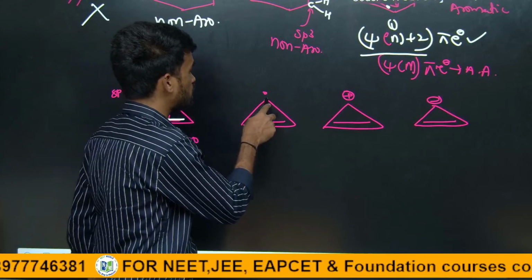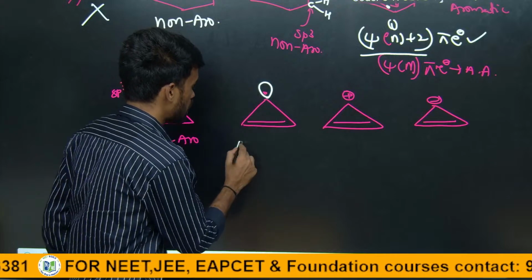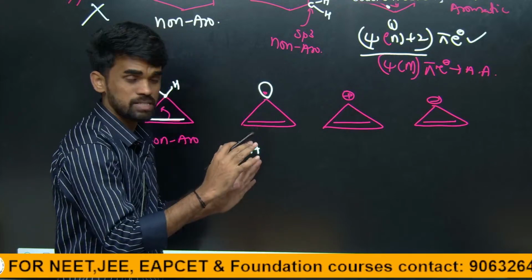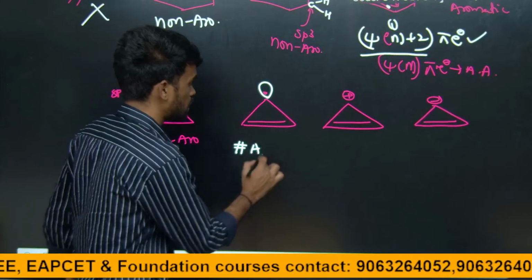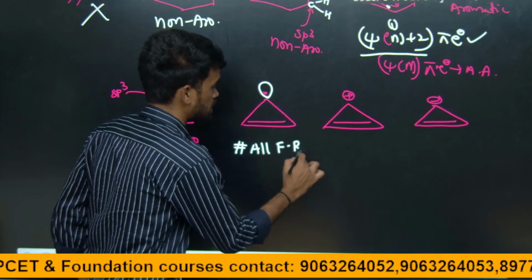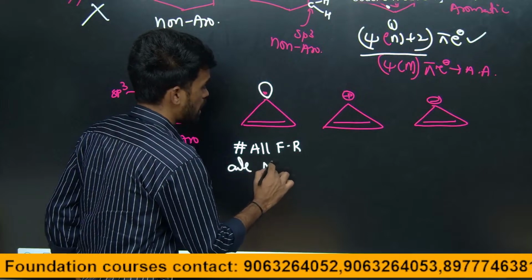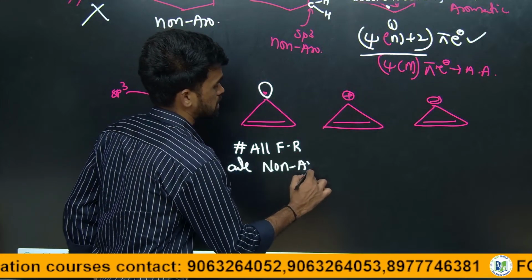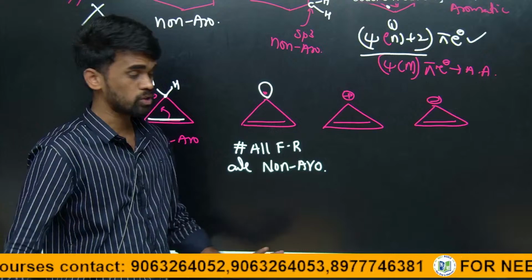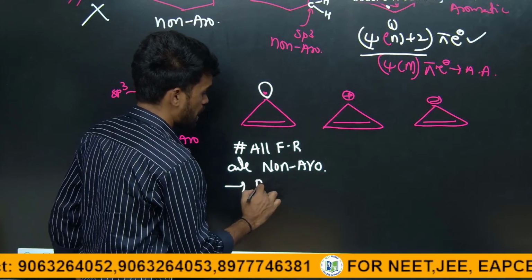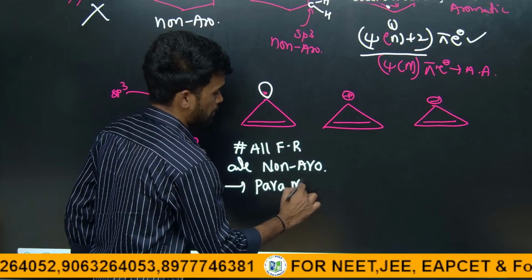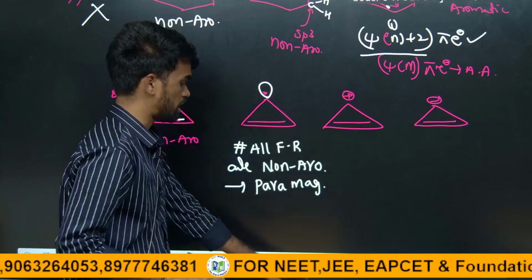What about this? All free radicals, remember, whatever the species it is, whatever the compound, if it is a free radical, all free radicals are non-aromatic. Directly you can write this statement, non-aromatic. And all free radicals are paramagnetic. So one more thing you can write.